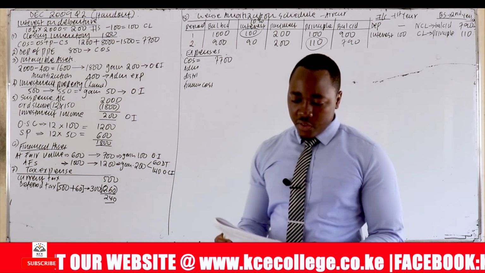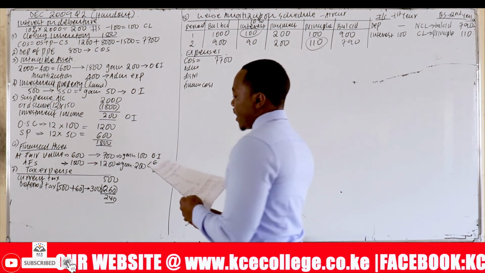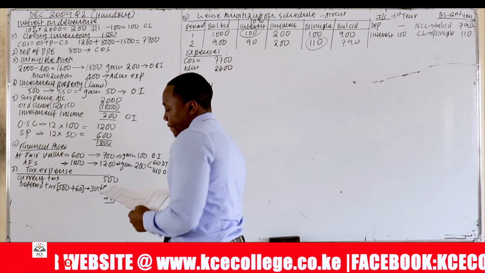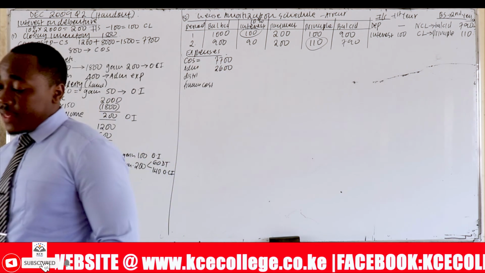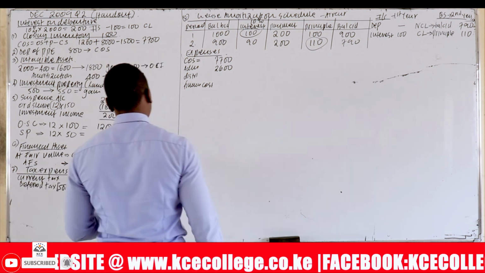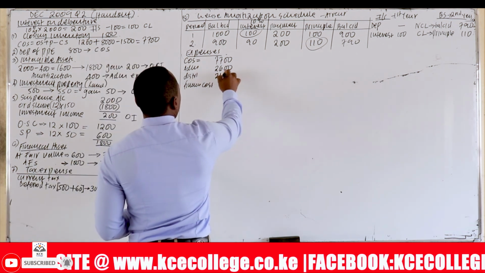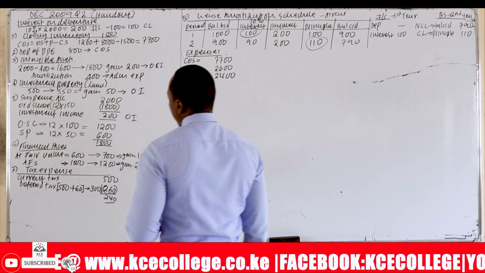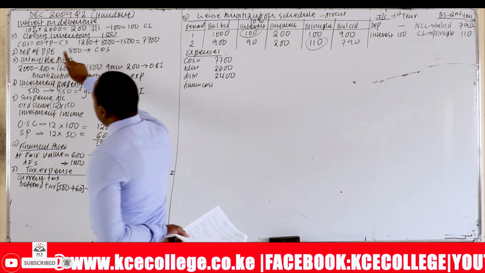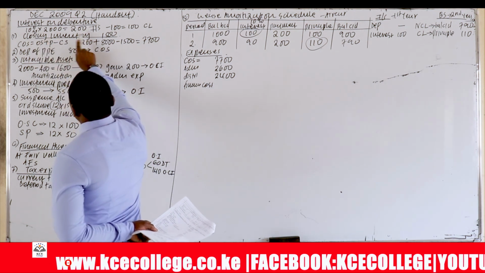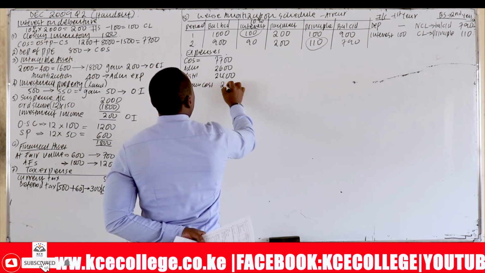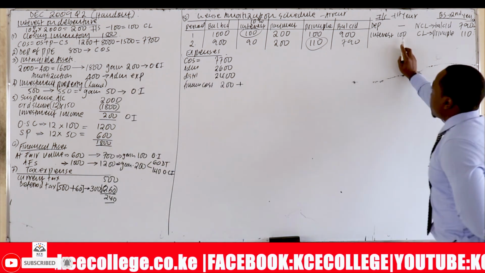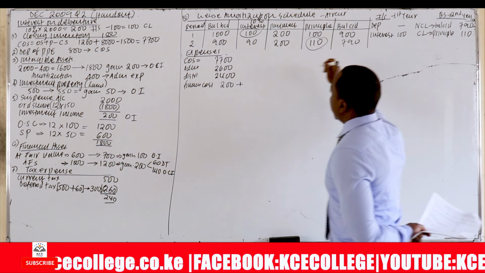Let's go to the admin in the trial balance. Admin we have is 2,600. Then the distribution we have is 2,400. Finance cost, you take 10% of 2,000, which is 200. Then for the finance cost, you add the interest of 100.